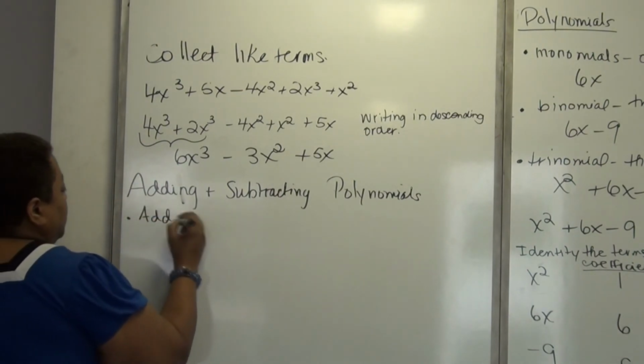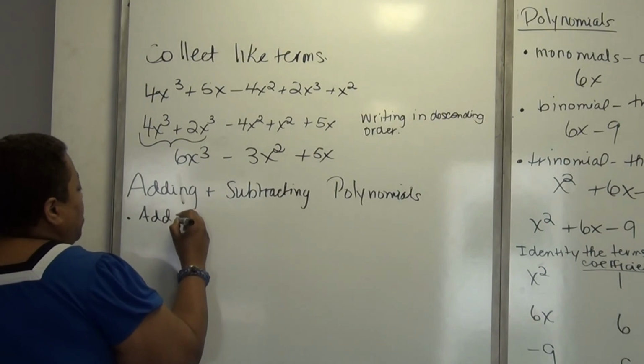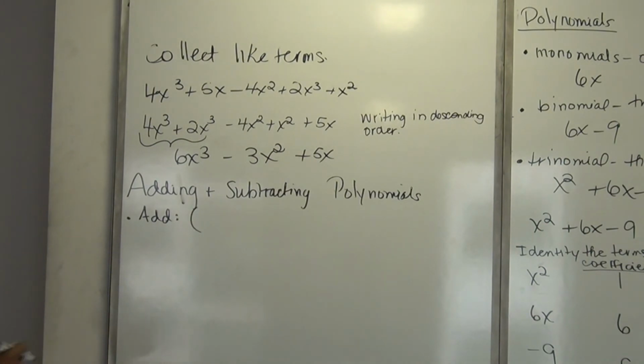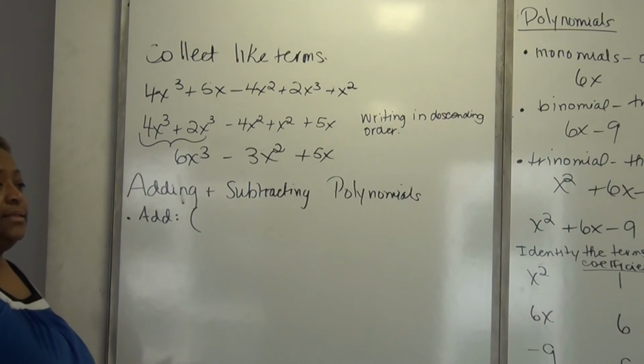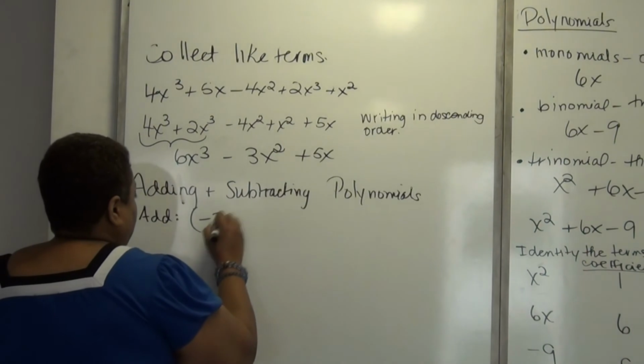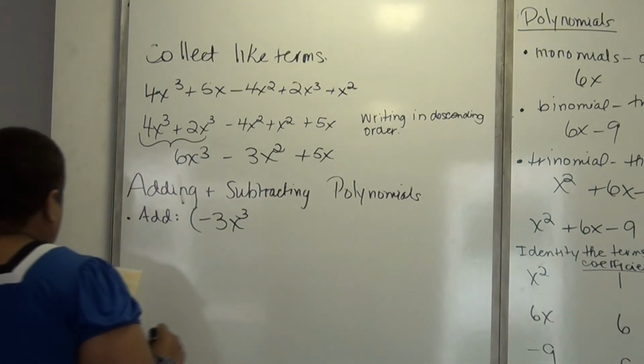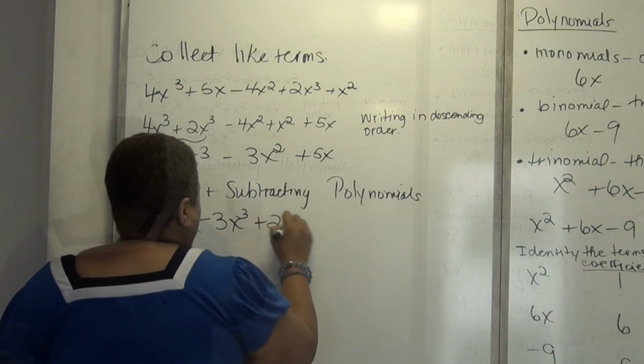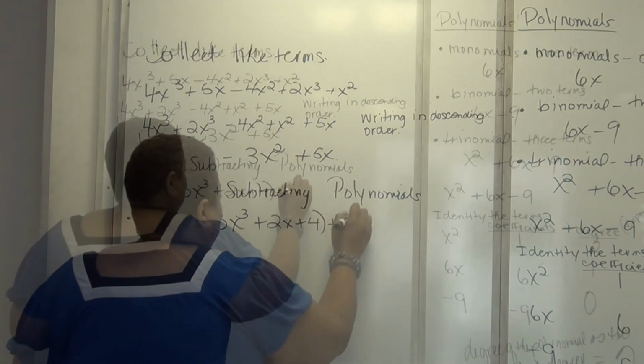And remember, we are going to follow our rules of like signs and unlike signs. Like signs, add and keep the sign. Unlike signs, subtract and keep the sign of the higher number. All right? But the only thing we're going to be combining are our like terms.